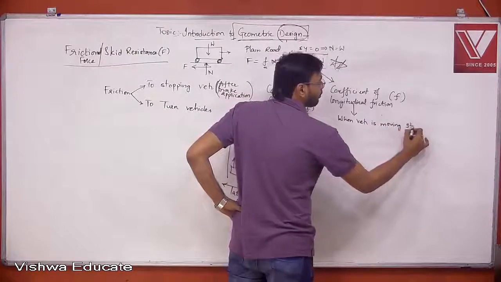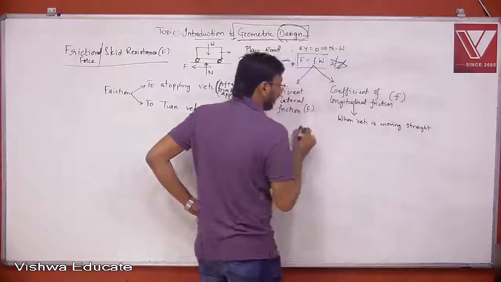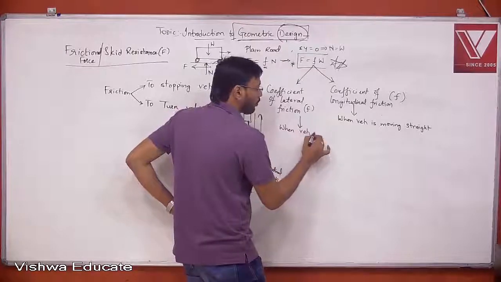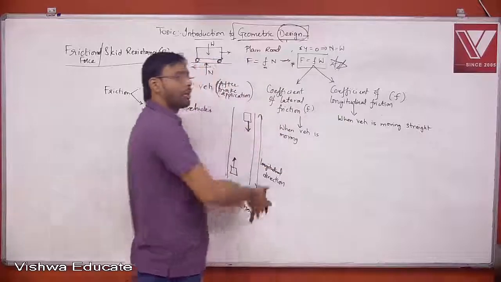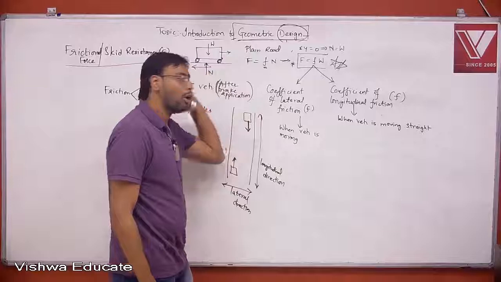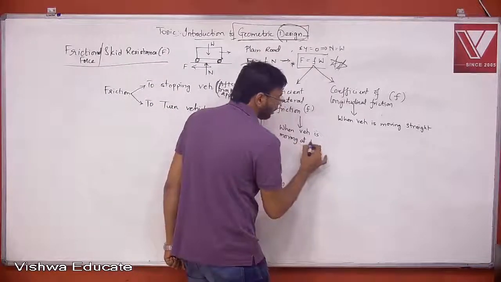So the longitudinal case is basically when the vehicle is moving straight along the road. The lateral case is when the vehicle is moving in the lateral direction, and there will be a lateral movement of the vehicle involved during the curves.